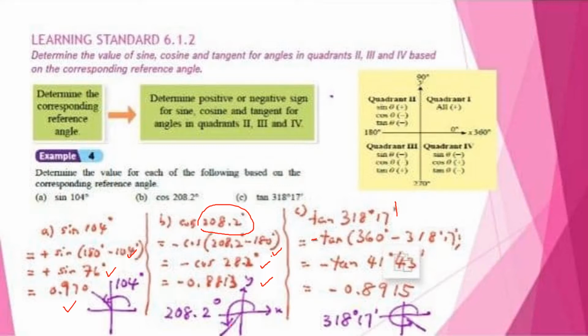Then you get your corresponding value as 41 degrees 43 minutes. By using the calculator, you get the value negative 0.8915. Because here you see the questions require you to find the value for each of the following based on the corresponding reference angle. So it's done.